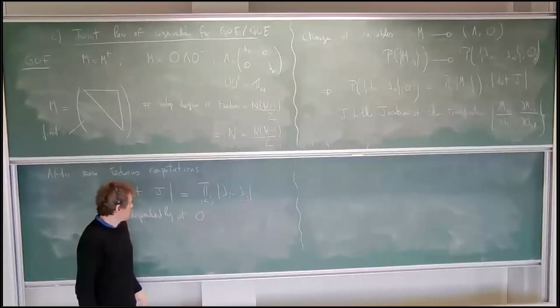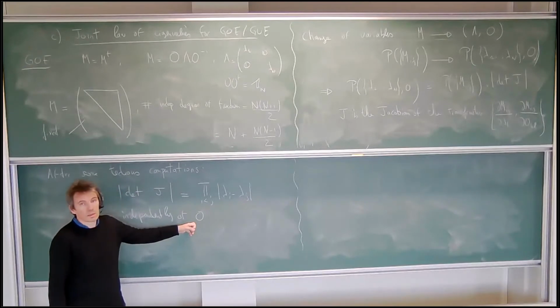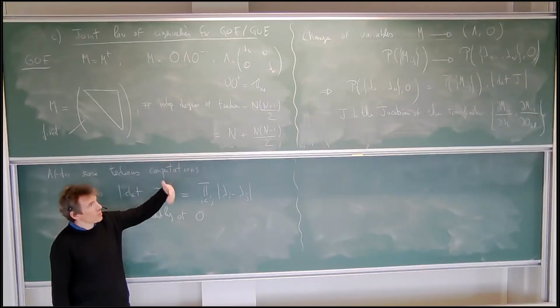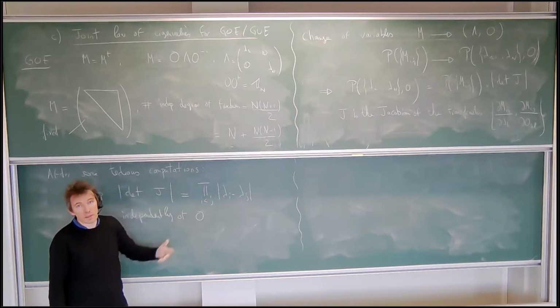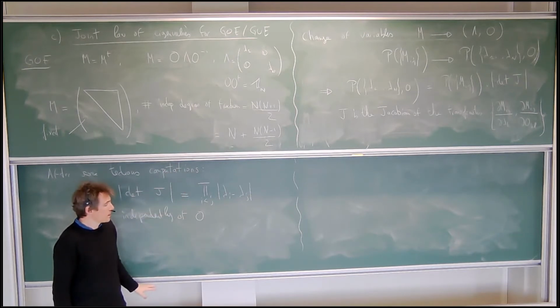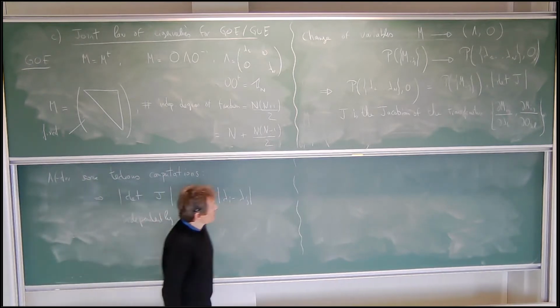Okay, it means that the distribution of the lambda i's and O do not depend explicitly on the eigenvectors. So that's for that guy.